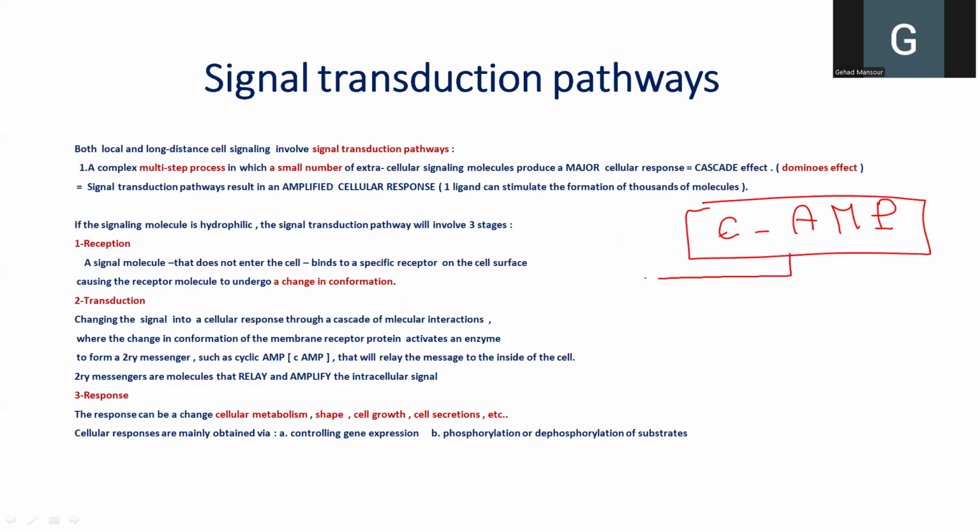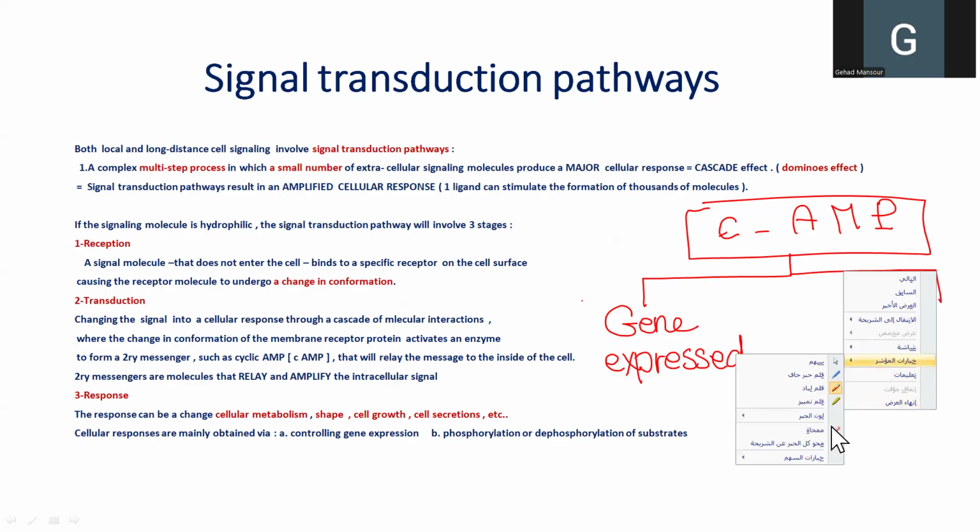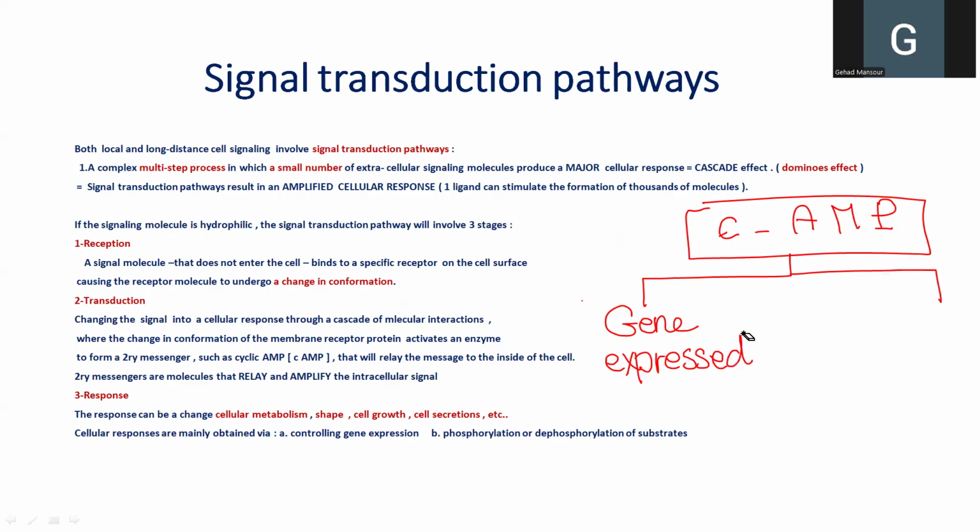By two broad mechanisms of action. By managing or controlling gene expression. You know that when genes are expressed, this means that they are transcribed into messenger RNA, and then translated into a peptide.